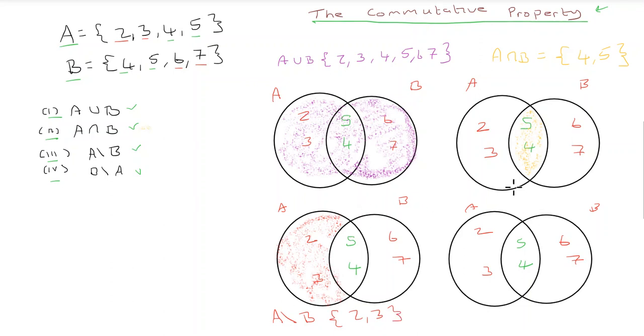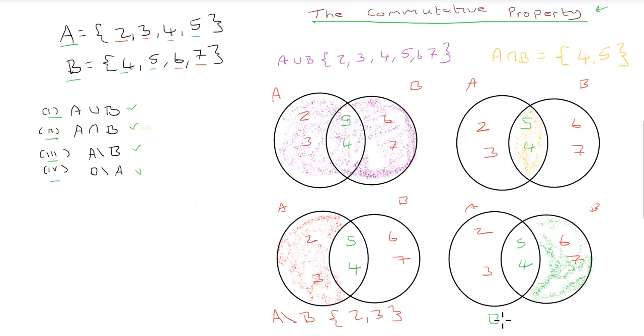And if we take then the last one, B complement A, would look something like this. So it's going to be everything that's in B but excluding what's in A. So that set would look something like this.